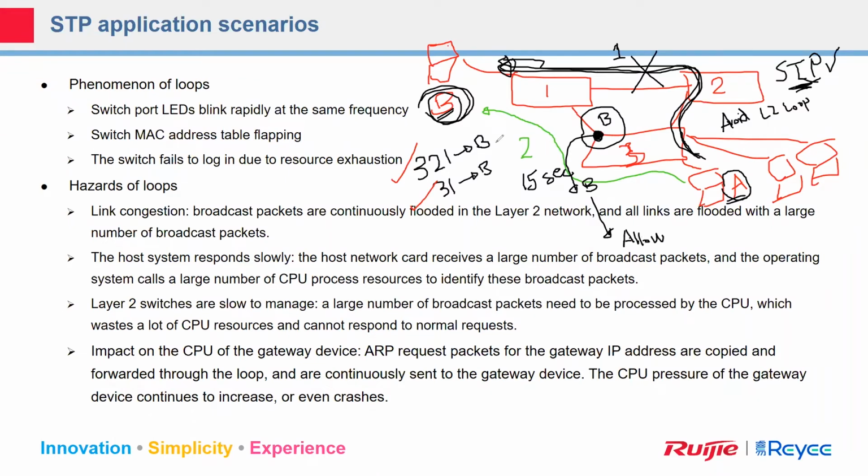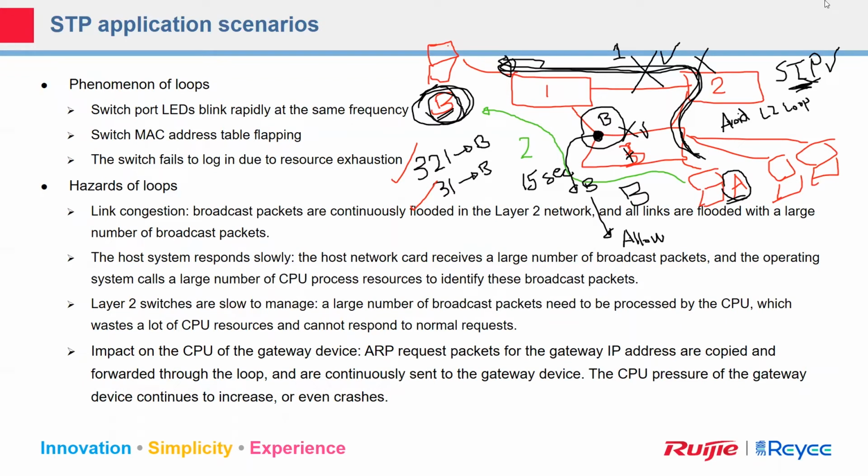So this is simply the spanning tree protocol. If you have more than one way to the destination, I will let only one way work and the other way not work, but I will keep it as a backup. So if the only way is down, the other way is up, okay?